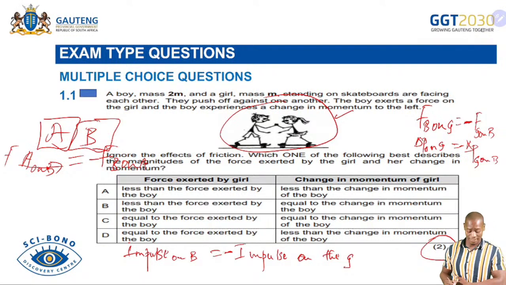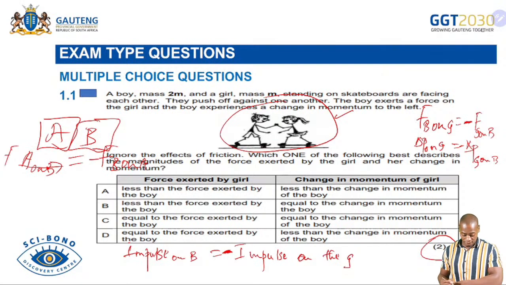Same with the impulse: the impulse on the boy by the girl will be equal to the impulse on the girl by the boy, in opposite directions. So there are three things which use the application of Newton's third law: the force, the change in momentum, and the impulse. So during contact.